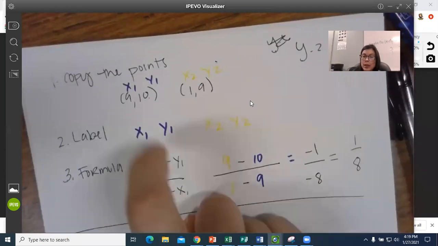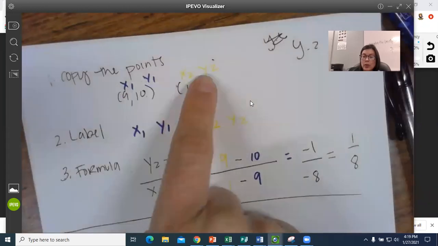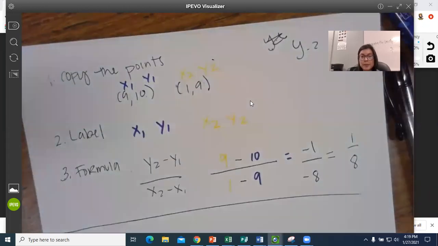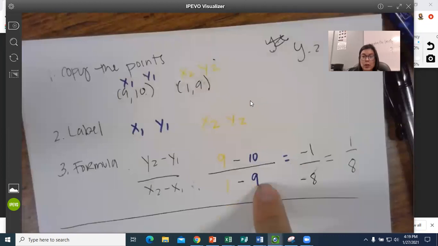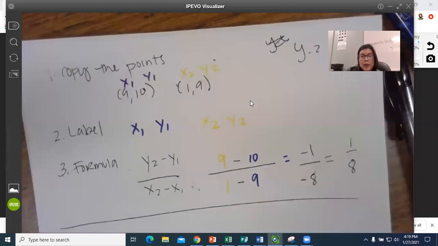So label the points x1, y1, x2, y2. Did you label the points? And then use the formula. Put it in your calculator until you get your final answer, and then write that in as your final answer. So what did you get for slope?